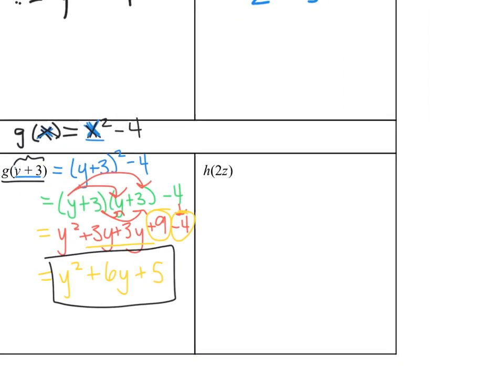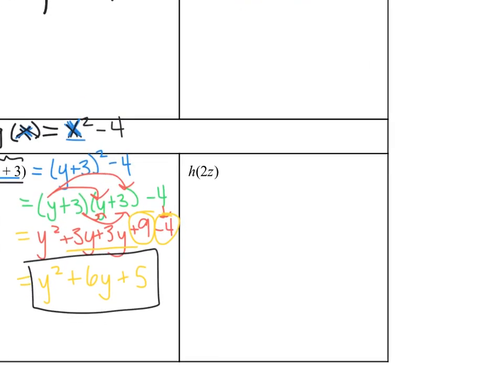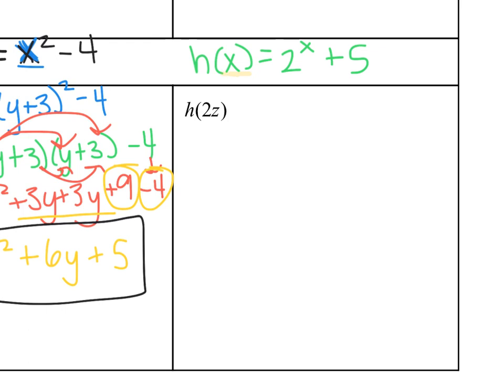All right, let's look at the last one. Recall that h of x was 2 to the x plus 5. So what I'm going to do now is everywhere I see an x, I'm replacing it with 2z, because my input is now 2z.